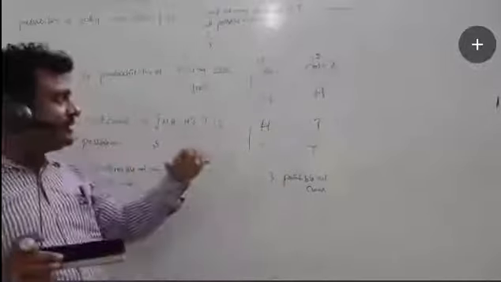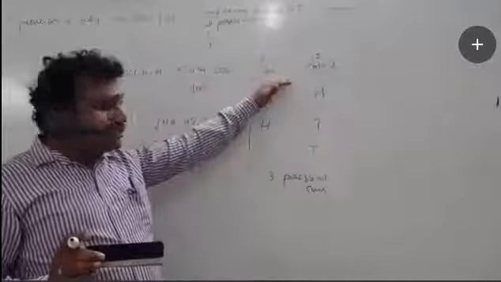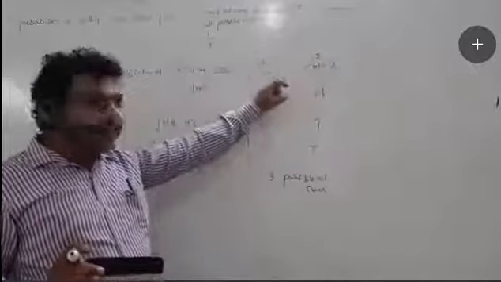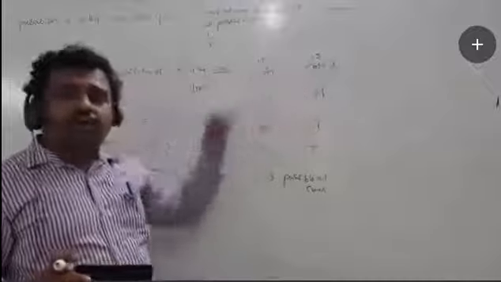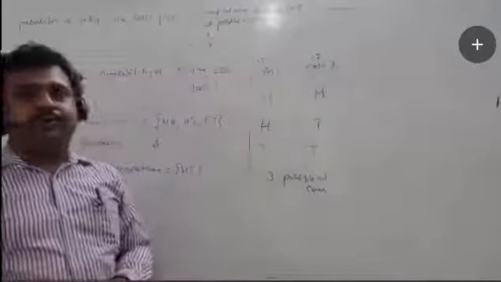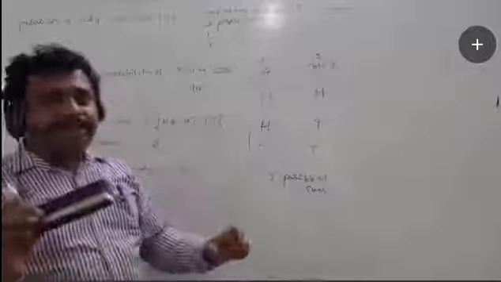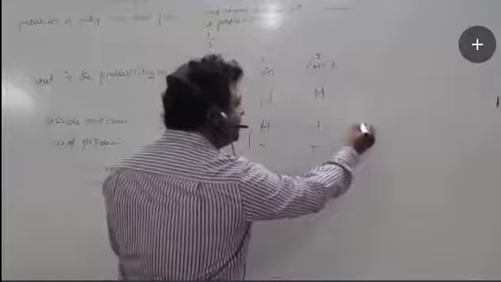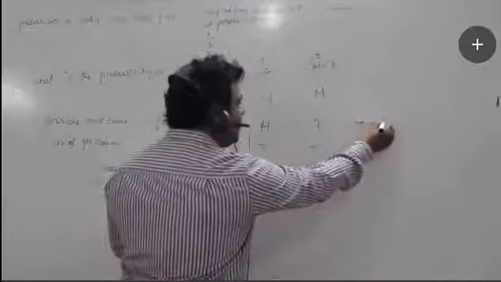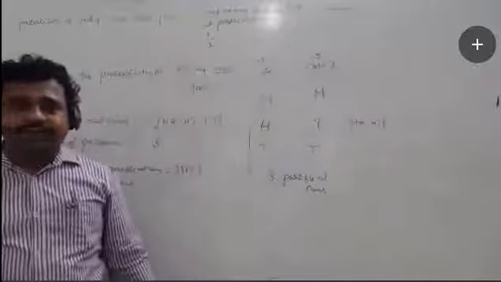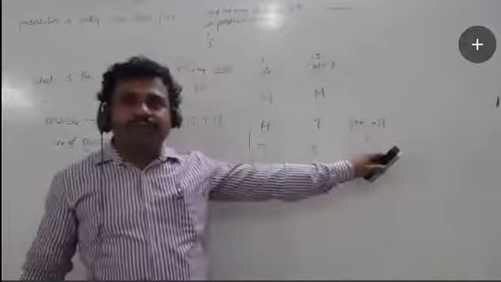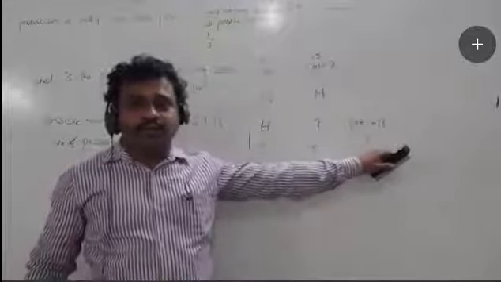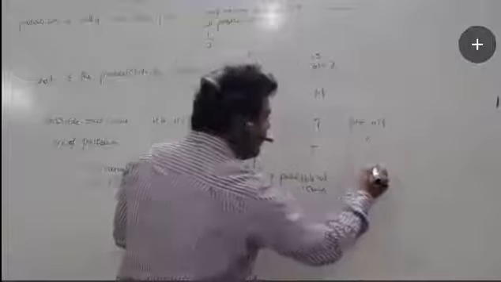If we toss same coins, what is the probability of getting at least one head? Observe, students, at least one head means HH, HT. There are two situations. So favorable outcomes are 2, all possible outcomes are 3. Probability is 2 by 3.